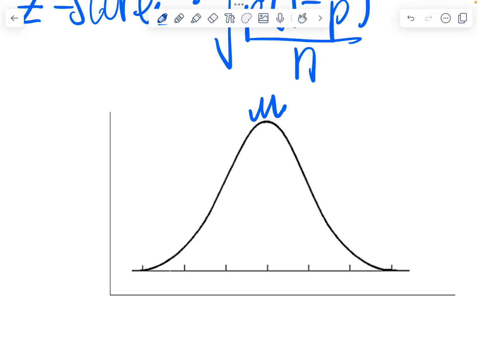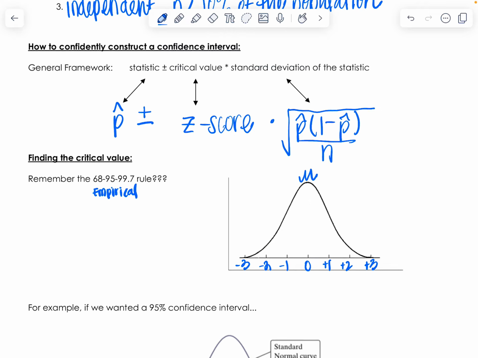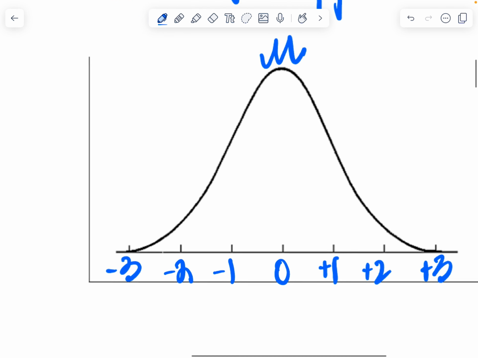If this is a standard normal curve, we've got 0 there. Then we go up 1, up 2, up 3 standard deviations. Down 1, down 2, down 3 standard deviations. And what those percents, those 68, 95, 99.7 represent are these guys.